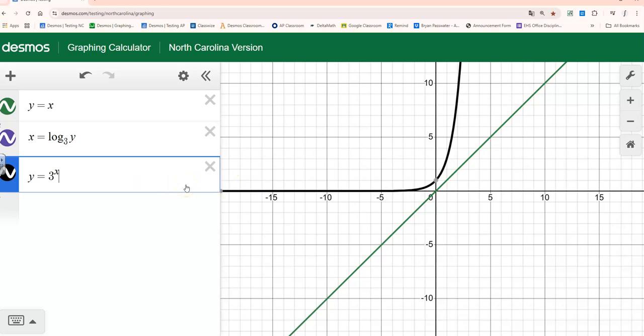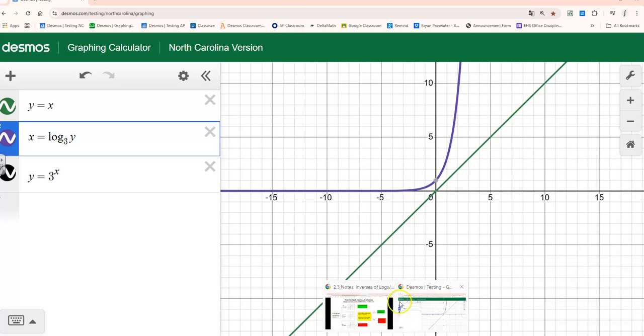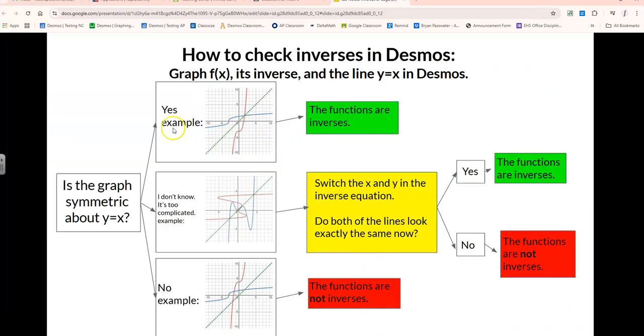So if you can't tell from the graph, you could just switch the x and y's in the original and see which one it matches, because that's that first step that's done there. So that's another way you can sort of check if you're unsure right there. We'll probably primarily just rely on looking at it to see if it's symmetric, but sometimes it's hard to tell.